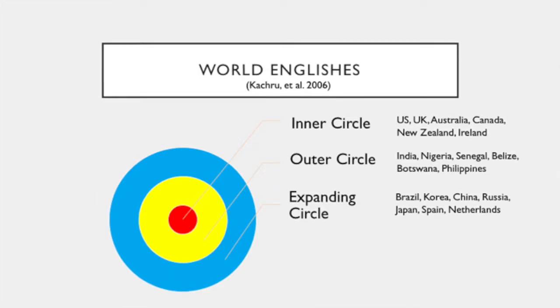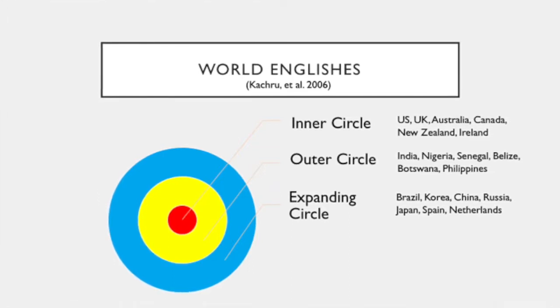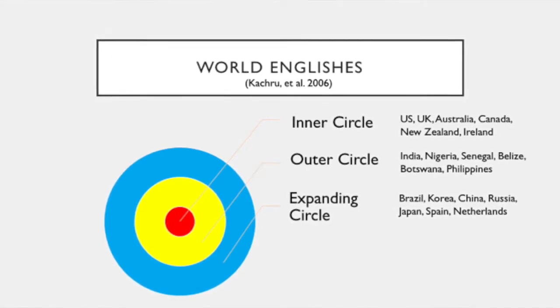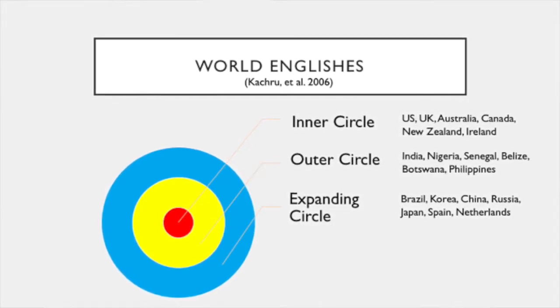The outer circle refers to contexts in which the language was produced by the spread of the language through UK and US colonial expansion.